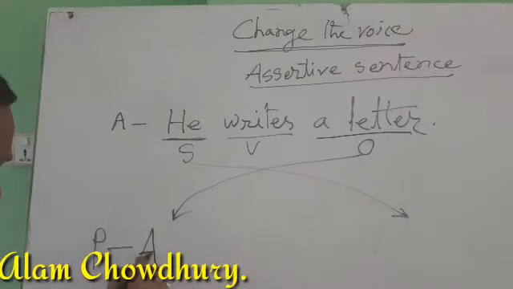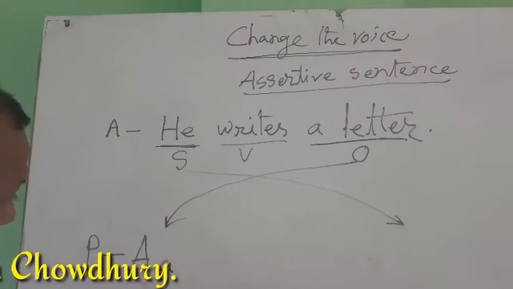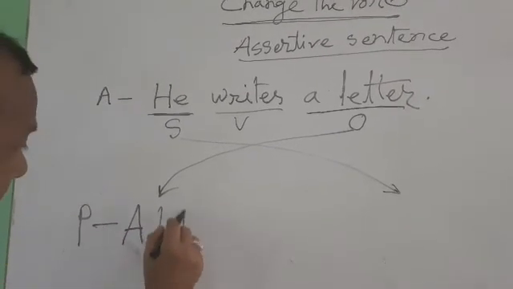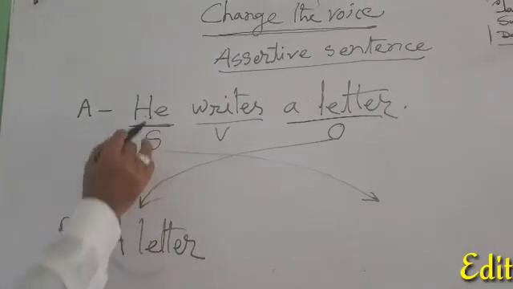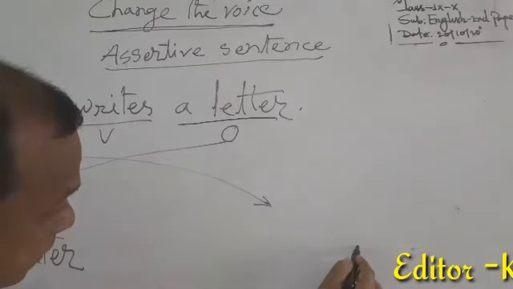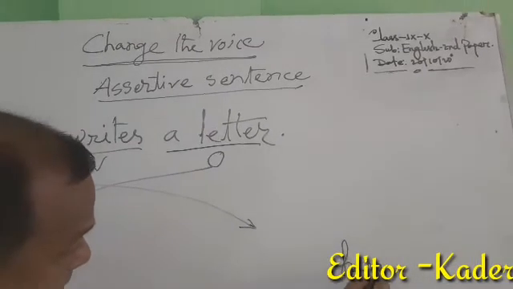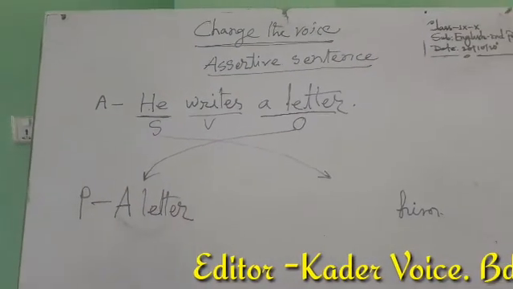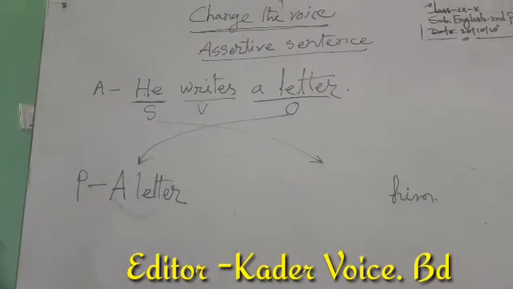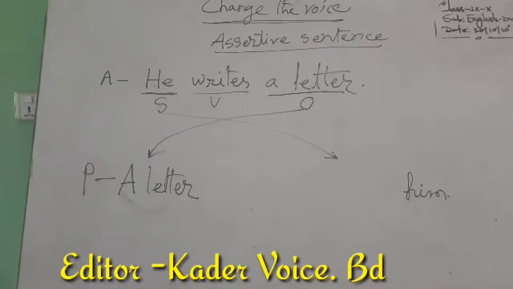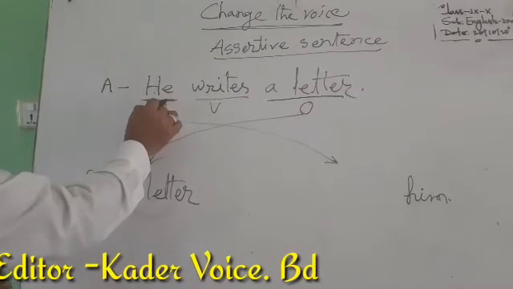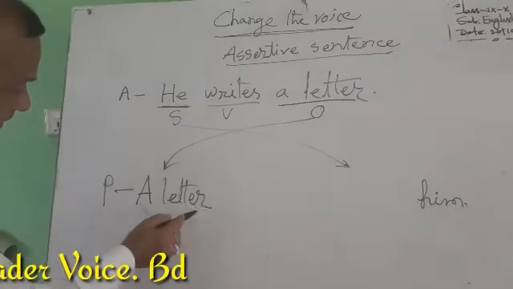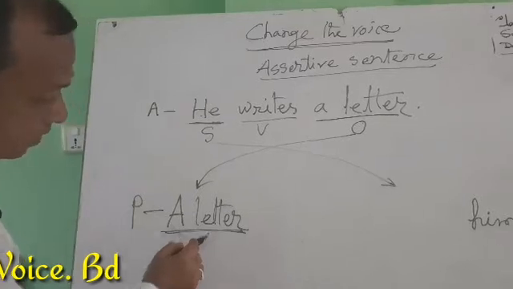A letter is the subject, and the object is him; he is the subjective form, and in passive voice it becomes him. Then 3rd step, we use a helping verb. Active voice is present indefinite tense, so in passive voice, letter is the subject, singular number.